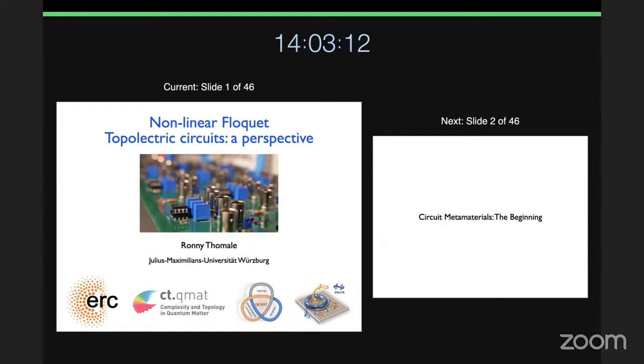The latter fact is also the reason why I added a perspective to the title, because I want to make it look more like a survey-ish presentation, such that we have several points of triggering discussion amongst each other on the topic. And the topic is specifically nonlinear Floquet circuits, but in a way also topoelectric circuits from a broader perspective, because I'm pretty sure many of you have never heard of the field. And so I would like to spend some time to get you accustomed to it.